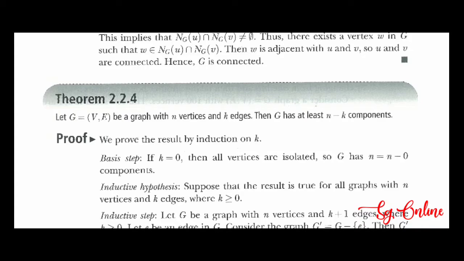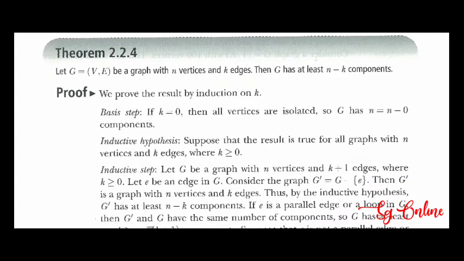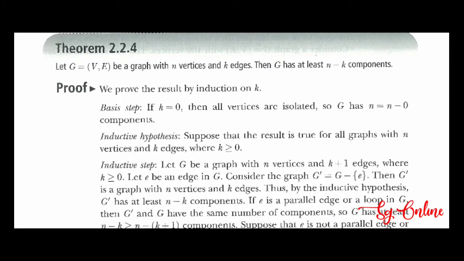However, to prove this general result, we make the induction on the number of edges. Previously, we made the induction on the number of vertices. Now we want to make the induction on the number of edges. So suppose we start with the induction on the number of edges k. If k equals 0, then the graph has no edges, and so it is a null graph.